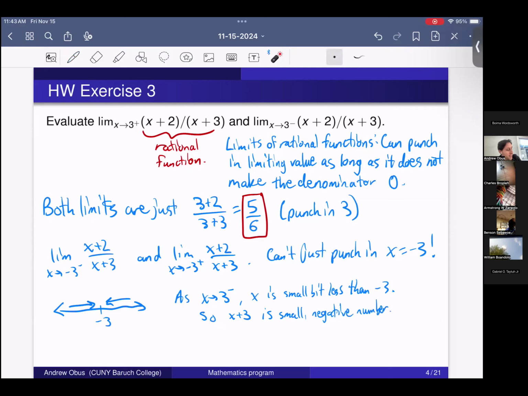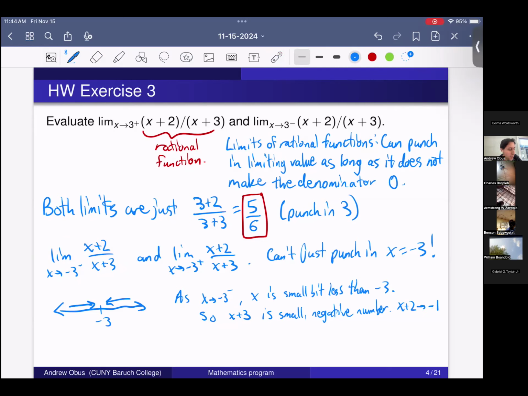Okay? And in fact, this is getting smaller and smaller as x approaches -3. Oh, sorry, I meant to write -3 there. That's x approaches -3 from the negative side. So if we look at what happens with this fraction, we've got an x plus 2 on the top. As x is approaching -3, x plus 2 is just approaching -1, right?